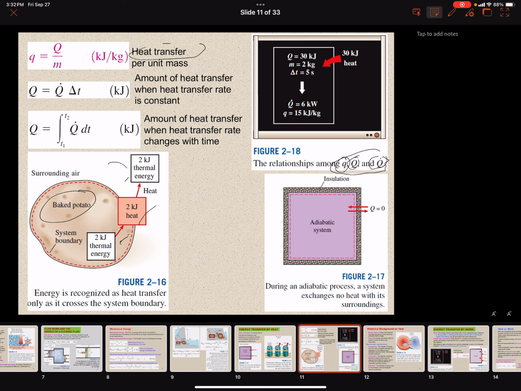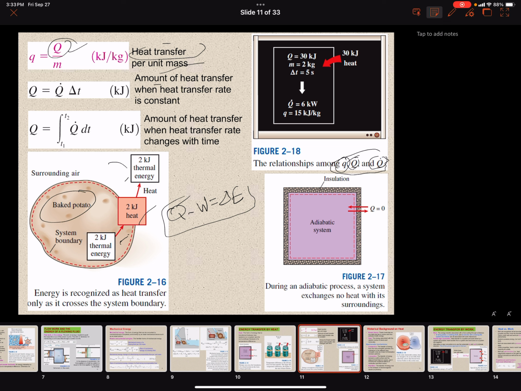You may think this is the only equation to find Q, but the first law of thermodynamics states that Q minus W, where Q is the heat transfer, equals delta E. This is the main equation, and usually Q is given, or you can use this to find Q. If Q is given and you want the heat transfer per unit mass, you can use this equation.